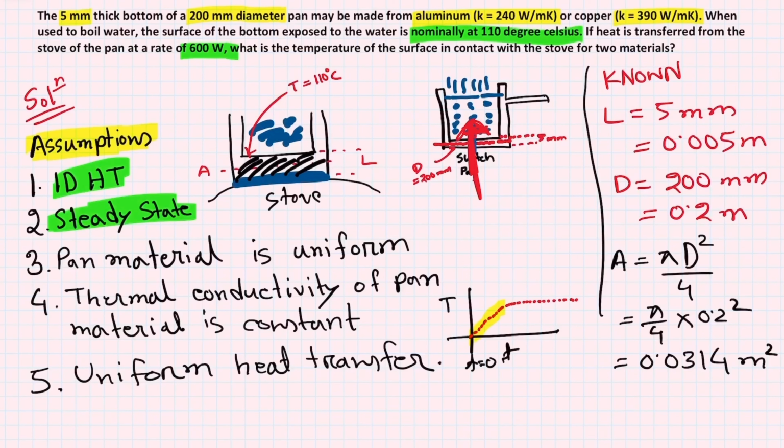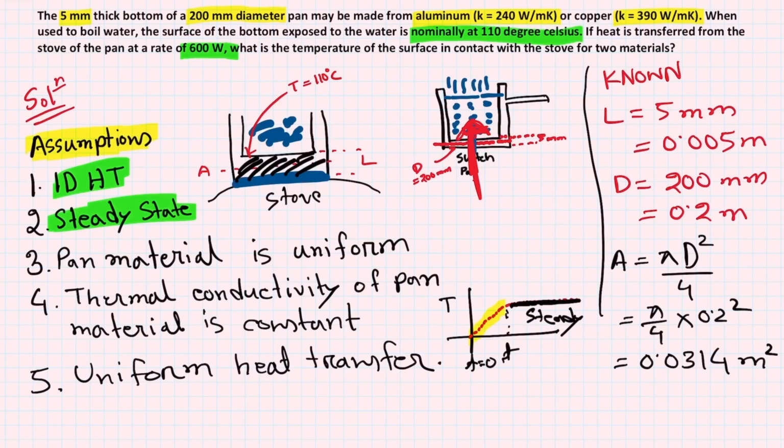And when you have reached a steady state, there is no more change noticed in temperature, because the temperature curve has become a straight line. So this is when the problem has become a steady state problem.